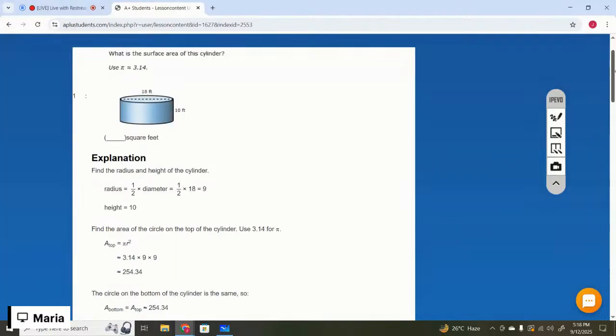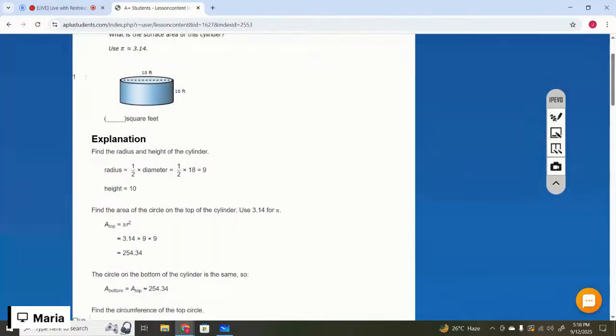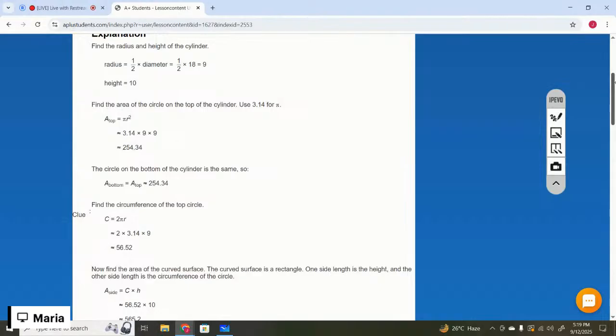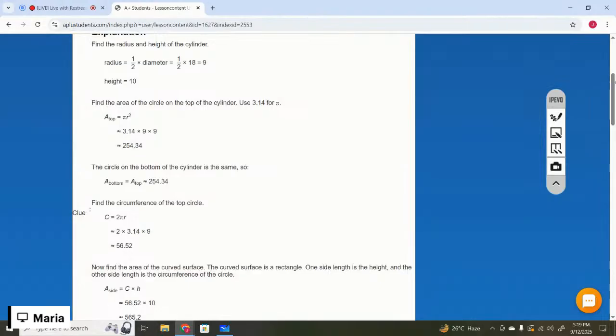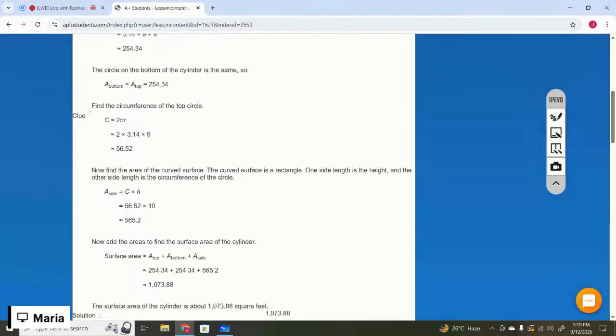What is the surface area of this cylinder? So for the surface area of the cylinder, you need to calculate the area of top and bottom. Top and bottom are exactly the same, so their areas are exactly the same. Then you need to calculate the circumference, that is C equals 2 pi r. Then you have to calculate the area of the side. You need to do circumference times h. And at the end, you need to add all those areas: area of top, area of bottom, and area of side.